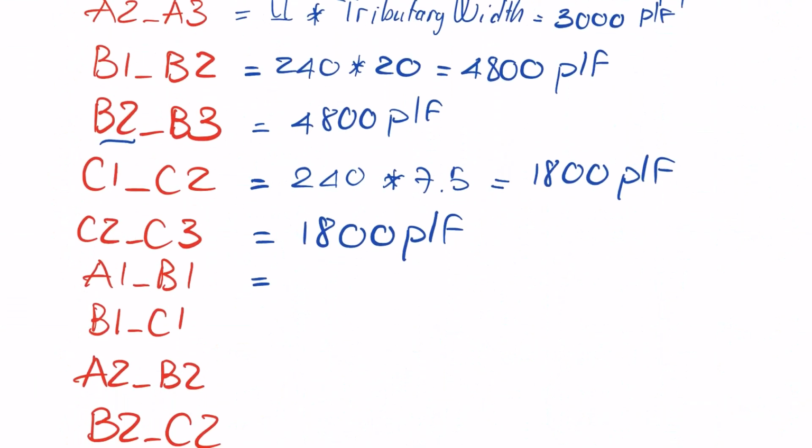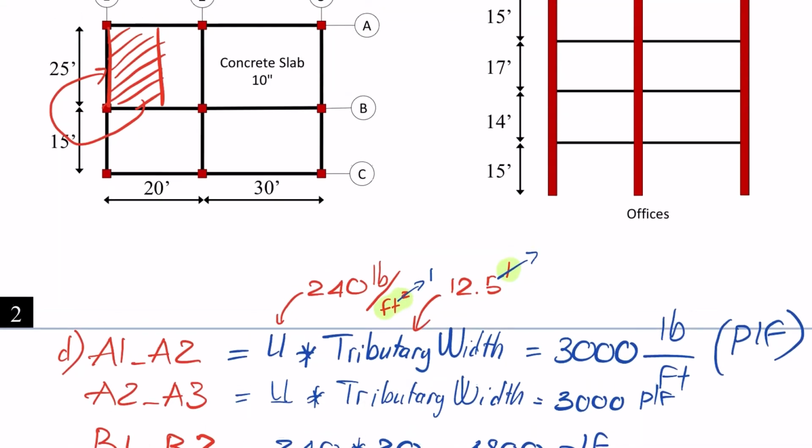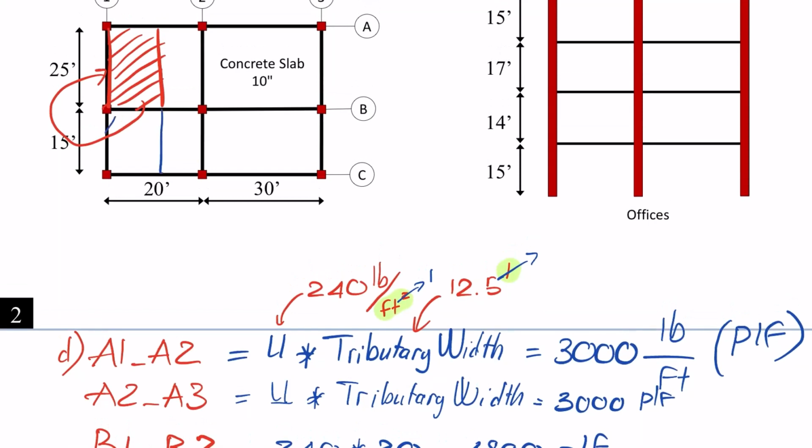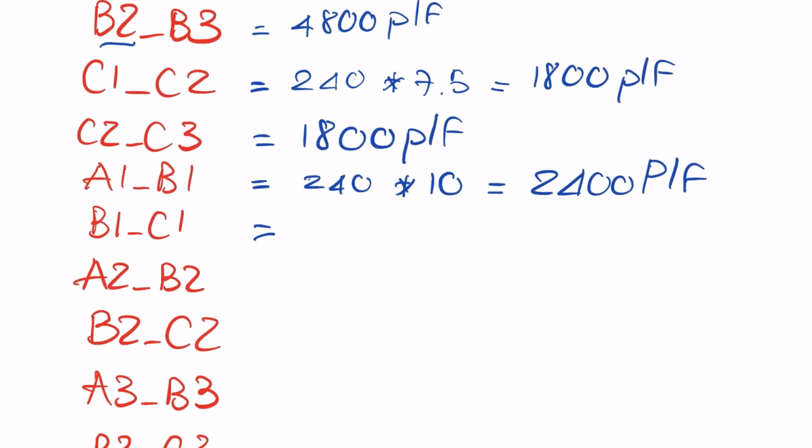Okay, so this one I will have 240 multiplied by 10. I will have this one is 2400 PLF. Similar like that, B1, C1, we have the same tributary area. This one will be 10, so this one we have 2400 PLF.